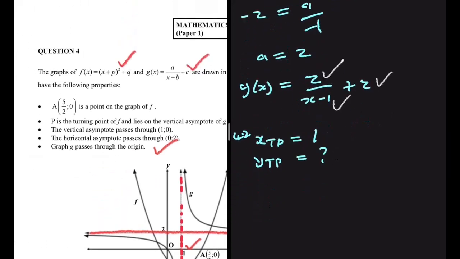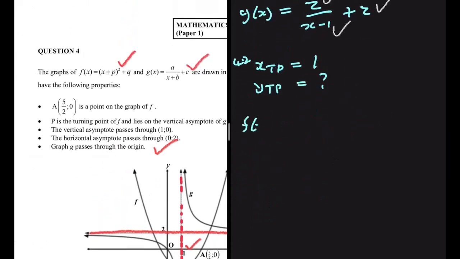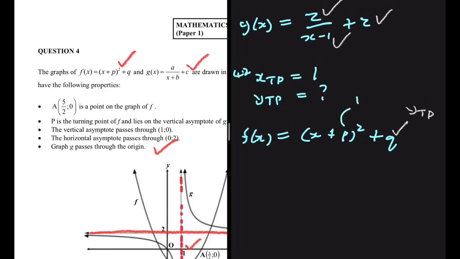Well, our function f of x is equal to (x + p) squared + q. So in this general format, q is your y at the turning point, while p is equal to minus x of the turning point.